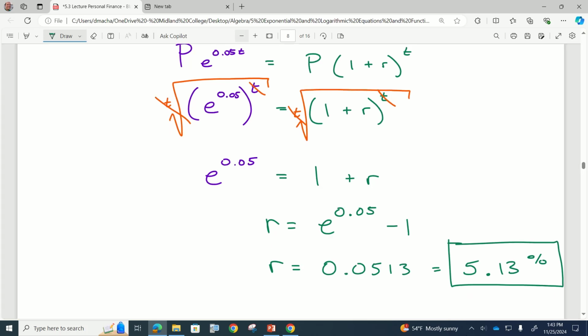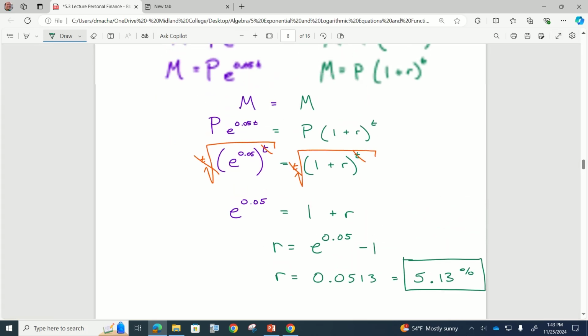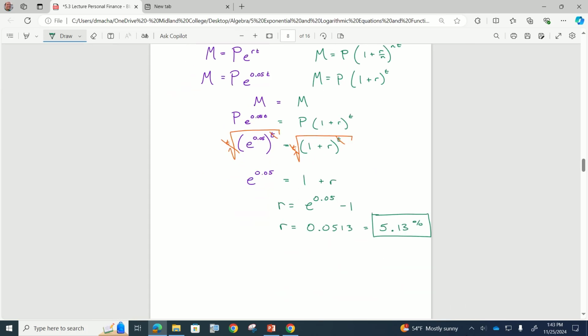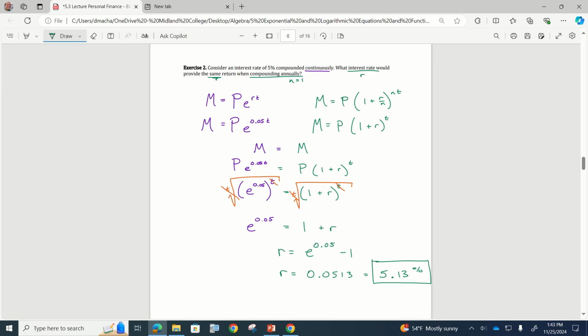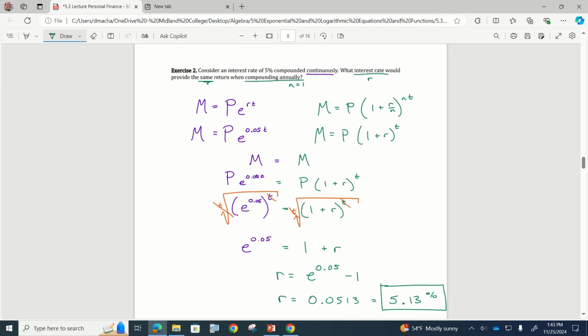And let's remind ourselves what the question was asking in the first place. The question was asking, if I have an interest rate of 5% compounding continuously, well, I know compounding continuously is going to grow faster than compounding annually. But if I wanted to make this compounding annually, what's the interest rate I could choose to make it grow at the same rate?